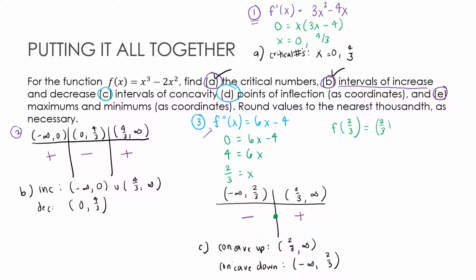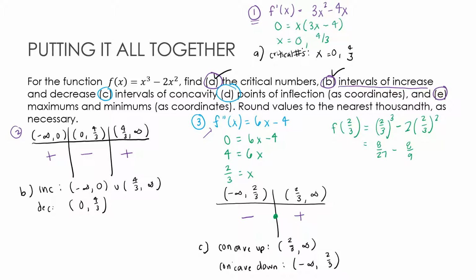So 2/3 cubed minus 2 times 2/3 squared. 2/3 cubed would be 8 over 27. 2/3 squared would be 4 over 9, but doubled, so 8 over 9.